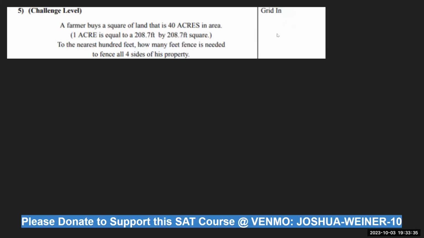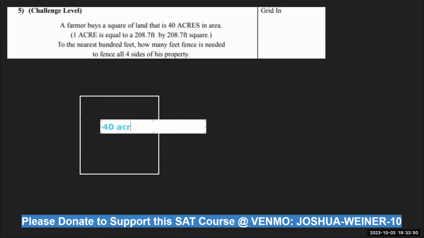Last one, question number 5: the farmer buys 40 acres of land. And if you take the square root of 40, the area here is 40 acres. Then I think this is a calculator question.